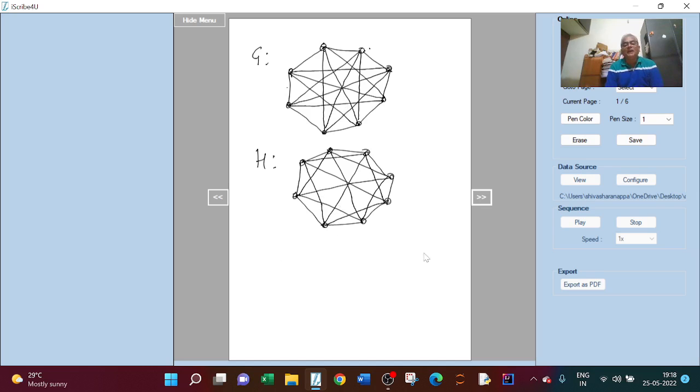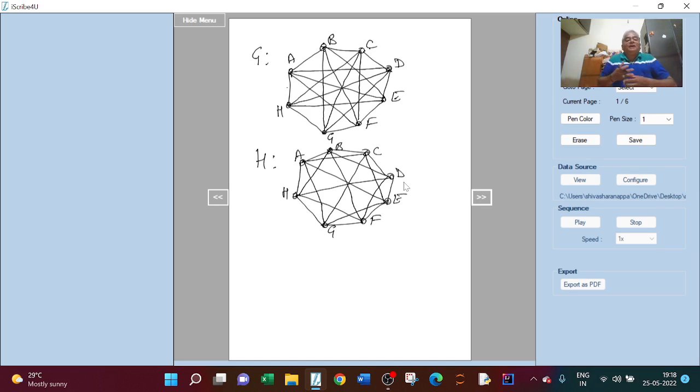If G bar and H bar are not isomorphic, then G and H are not isomorphic. So for that I will label this A, B, C, D, E, F, G, H. Here also I will write A, B, C, D, E, F, G, H.